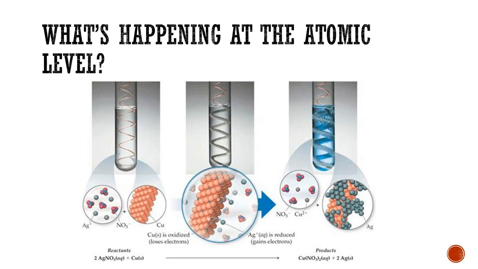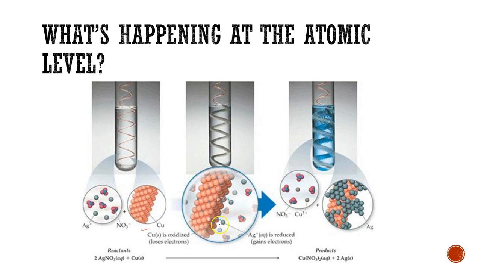If we have a closer look at this, we can see that what's actually happening is the copper is being oxidized. The nitrate and the silver ions are all in solution. So we've got our piece of solid copper here, and then we have our solution of silver nitrate, all as dissociated ions. Then the silver comes into contact with the copper and the electrons are transferred from the copper onto the silver.